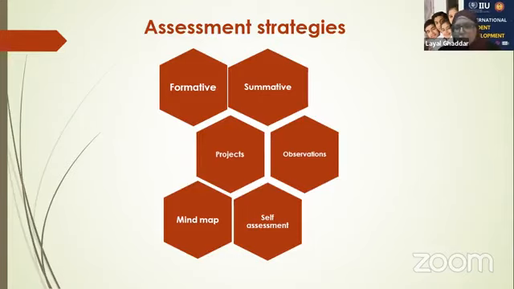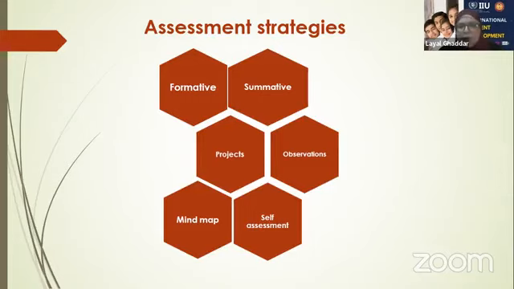Projects, I can ask students to make projects and present. Observations, while I'm in class doing activities with my students, enhancing active learning, I can observe my student, and in this way I can assess by engaging him, by asking questions to him, by checking the way he's interacting with me.